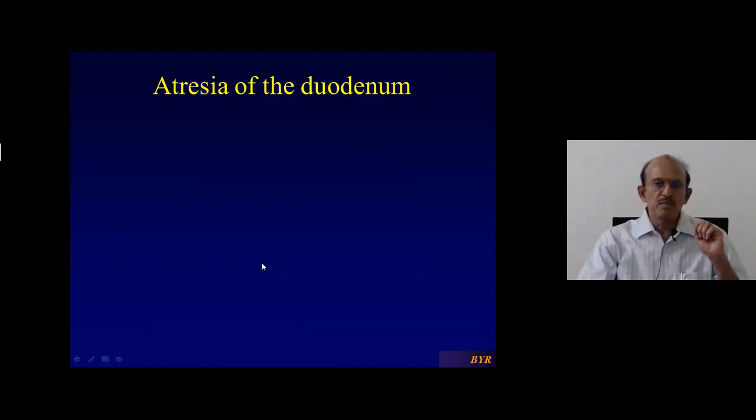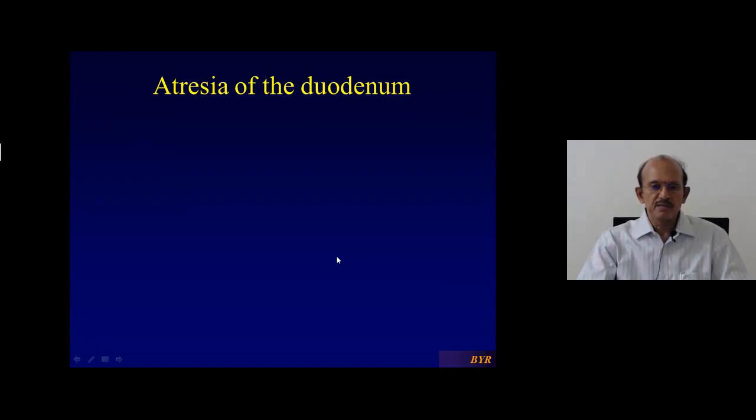Atresia of the duodenum. Already we studied about this. That's why we are not going to discuss this here. I will just ask one question here about atresia of the duodenum. What is the site of the atresia of duodenum?